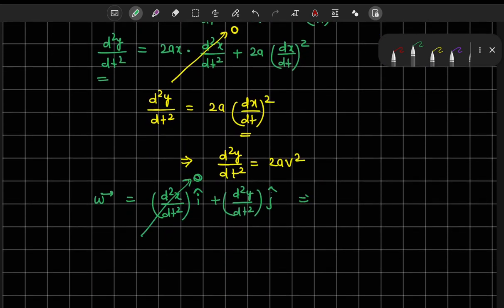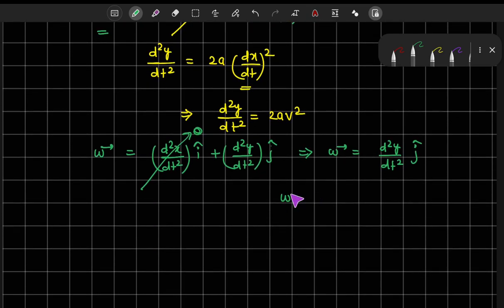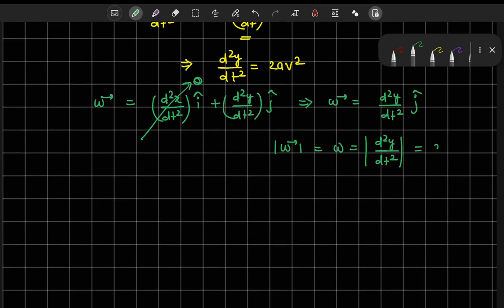So we can write the acceleration vector as d²y/dt² j cap, and the magnitude of the acceleration vector, let us represent it by w, is equal to |d²y/dt²|, and that we can write as 2av². So this is the expression of acceleration we got.